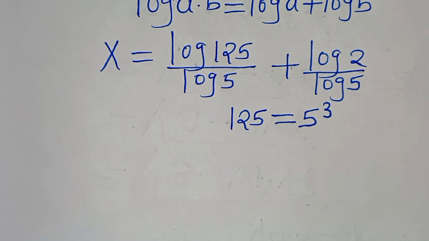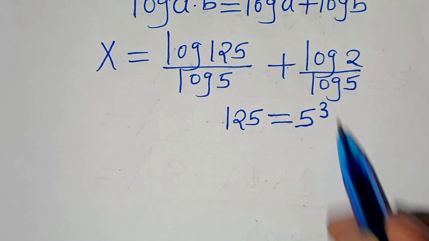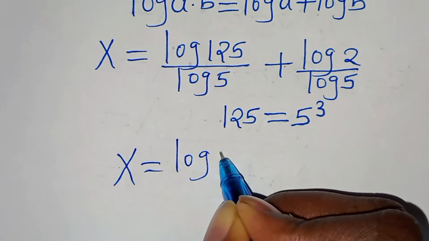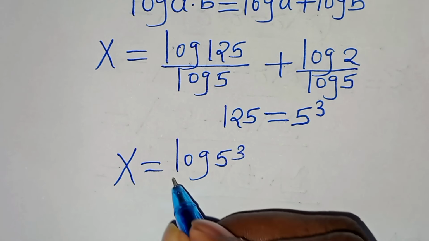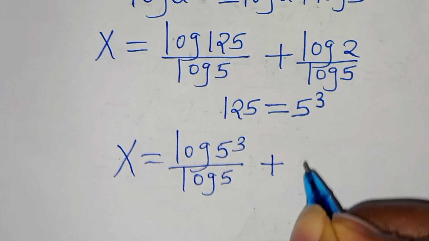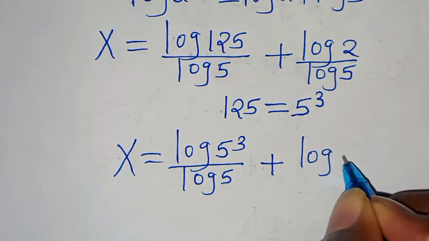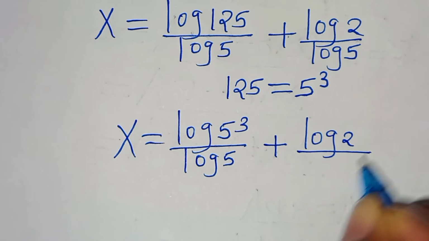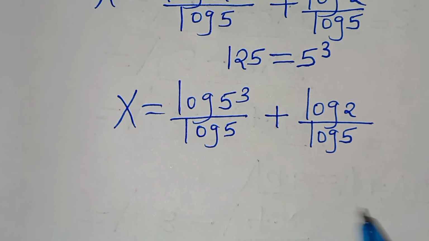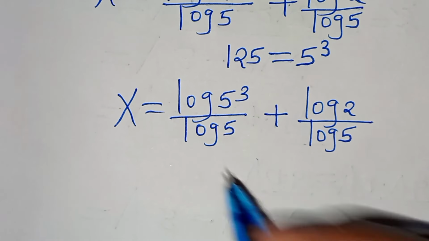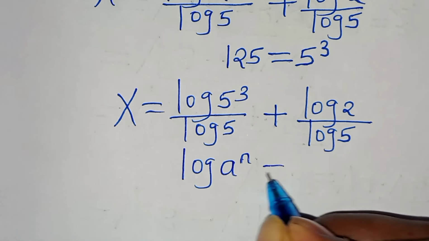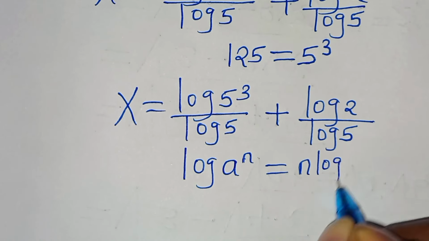Now, substituting 5 to the power of 3, this becomes log 5 to the power of 3 divided by log 5, then plus log 2 divided by log 5. Now, log 5 to the power of 3 is again in the form of log a to the power of n, which can be expressed as n log a.